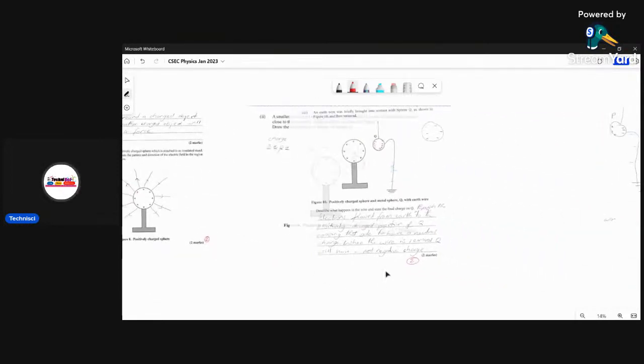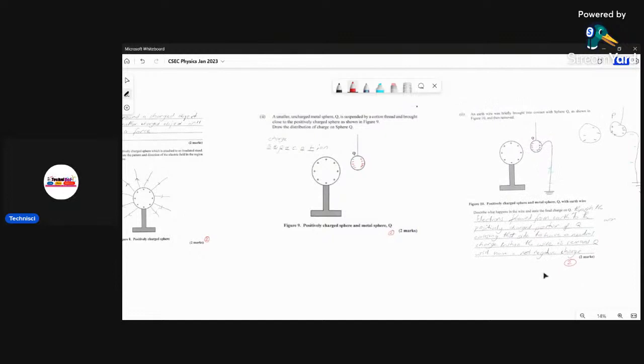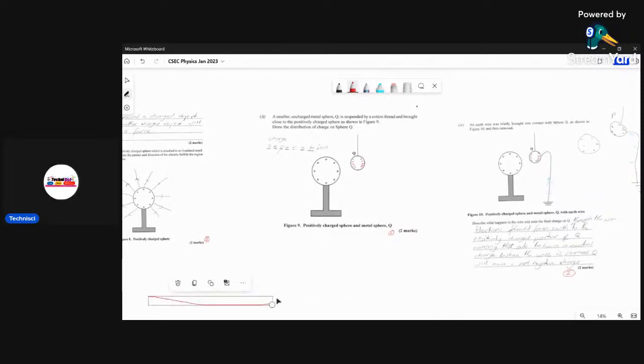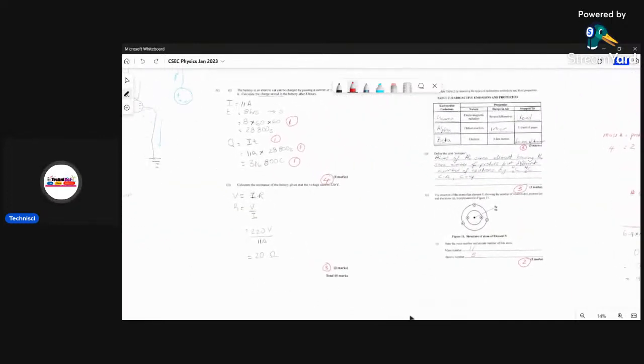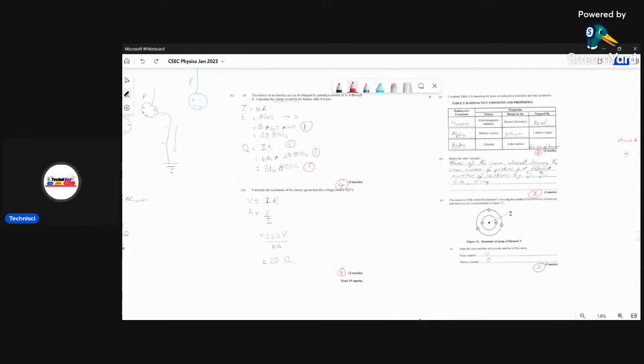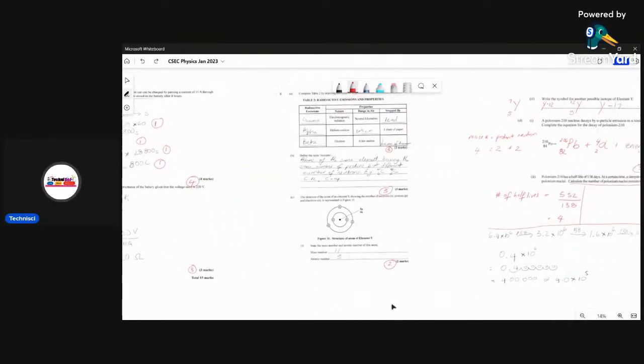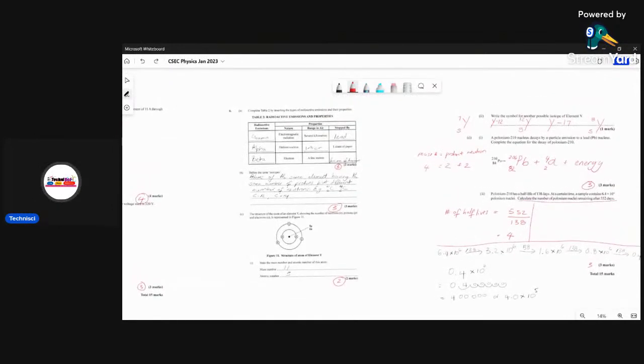And then we did some calculations. Then we went through radioactivity and we are done.